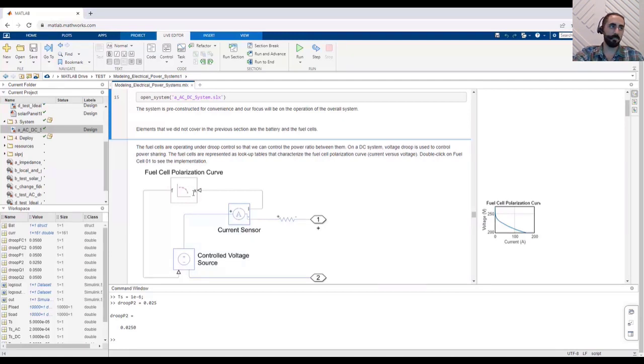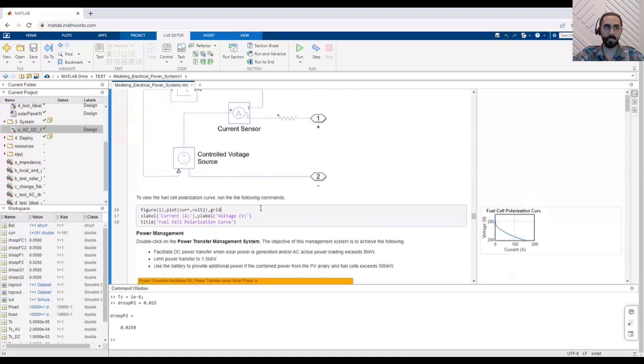We measure the current, input it to the lookup table, calculate the voltage, and feed it through the controlled voltage source to make a system level model. Let's say that's an average model for a fuel cell. It's not a detailed fuel cell model. We can do that, of course, in Simscape, but it's going to take longer simulation times. So we keep it as an average model.